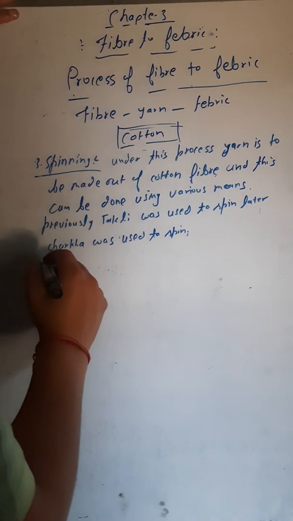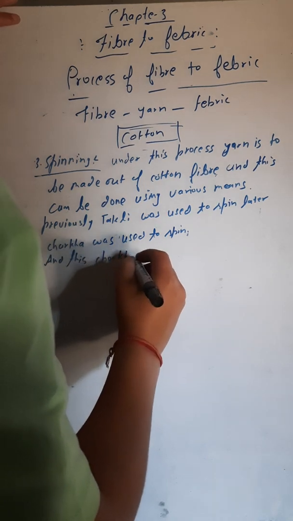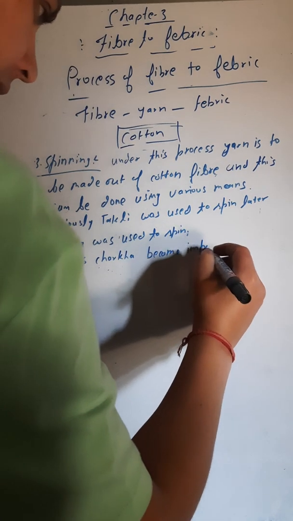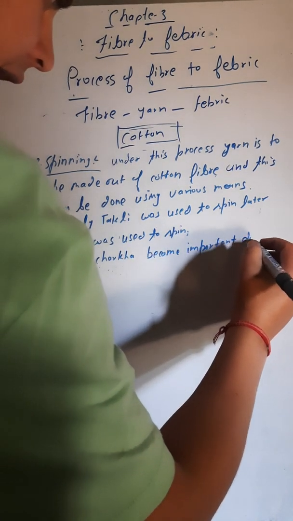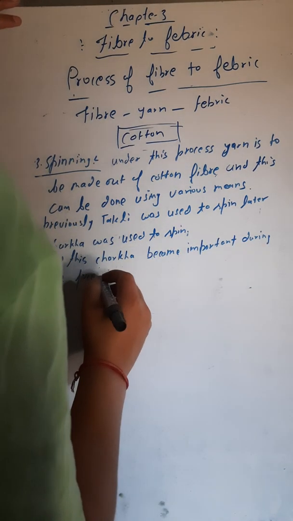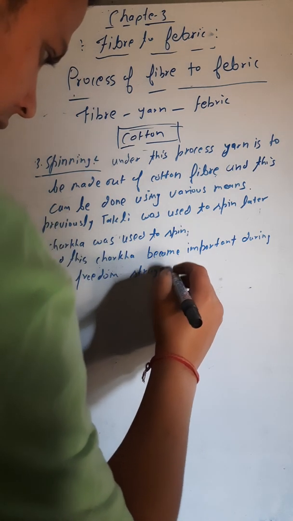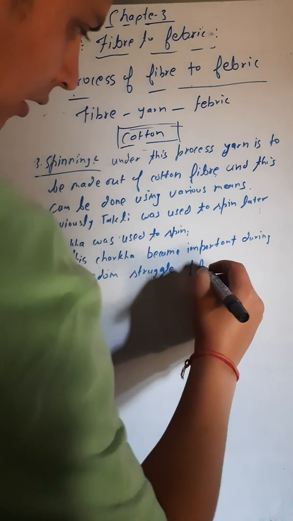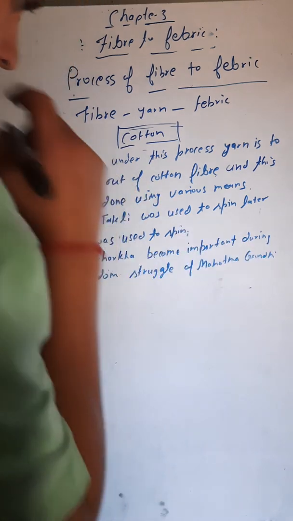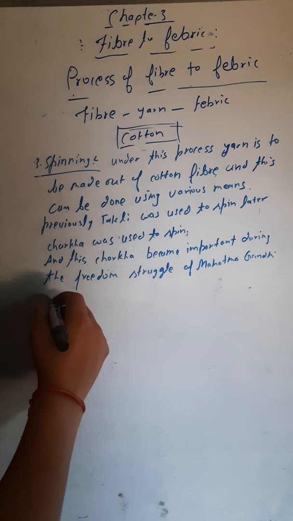So this also you can write: this charkha became important during the freedom struggle of Mahatma Gandhi, and it was used to boycott the foreign goods.